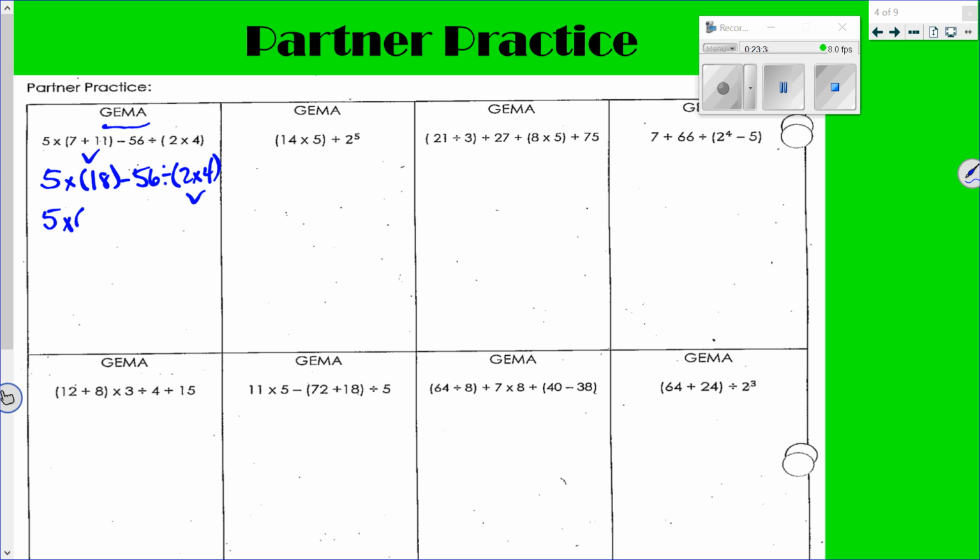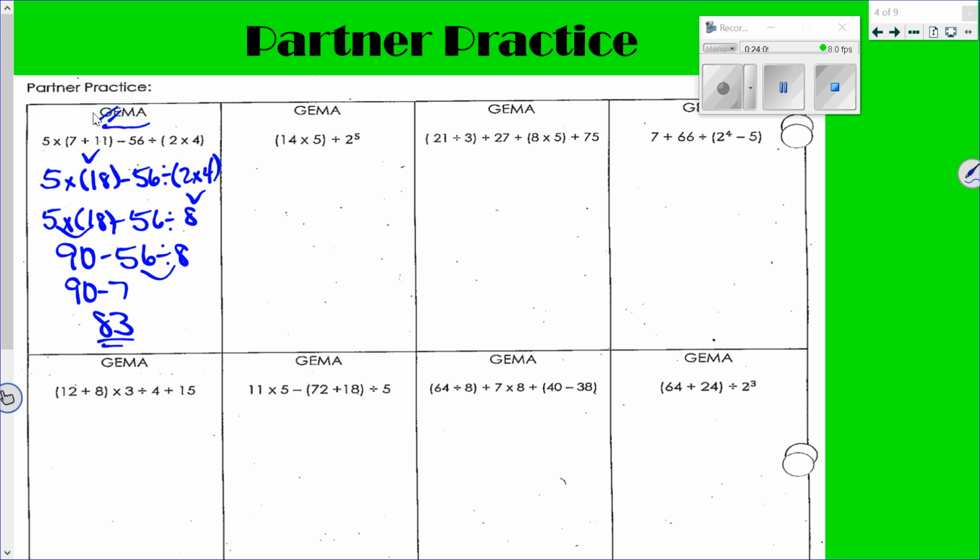So 5 times 18 minus 56 divided by 8. Groupings are done. Don't have any exponents, so now I'm going to do multiplying, dividing, left to right. Multiplying, this one comes first. 5 times 18 gives me 90, minus 56 divided by 8. Now I have a division on this side, so 90 minus 7, which leads me to my answer of 83.